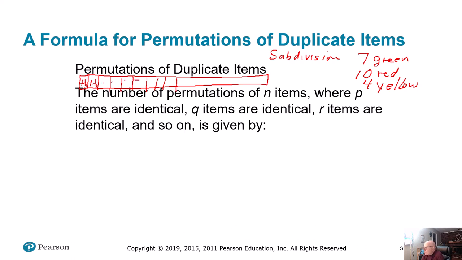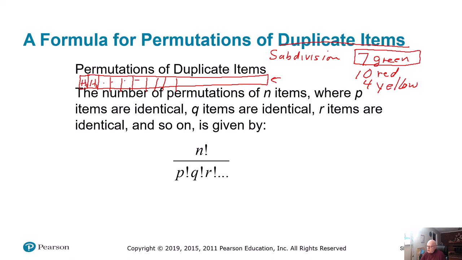If we're going to have 7 green, 10 red, and 4 yellow houses, how many ways can we put them on that side of the block? Well, that's what we're talking about with duplicate items, because all those green houses are the same. All the red houses look the same, and all the yellow houses look the same.